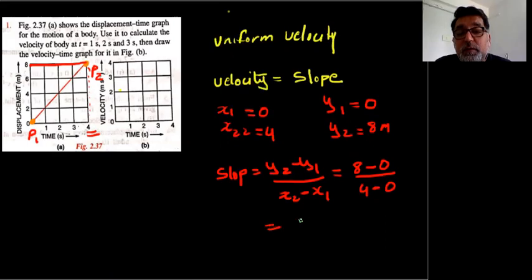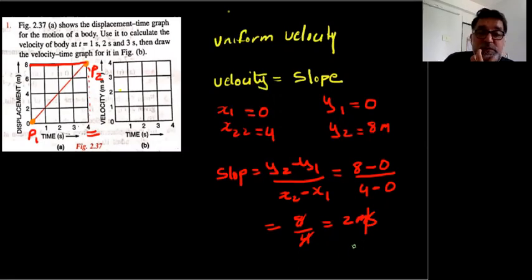We get 8 upon 4, which is equal to 2 meters per second. Now this is the velocity of the body, 2 meters per second.